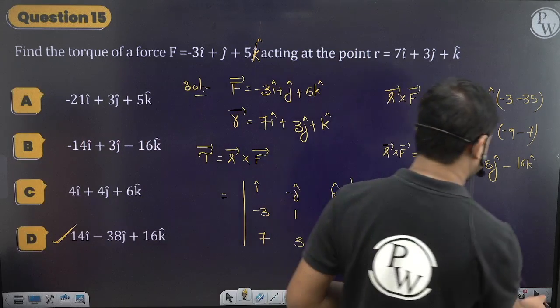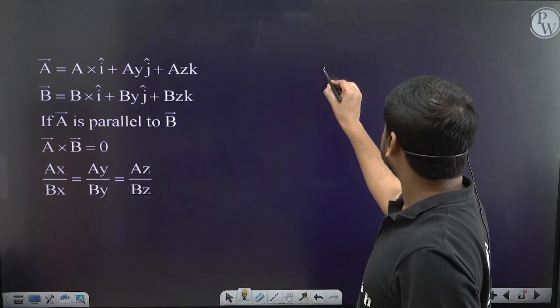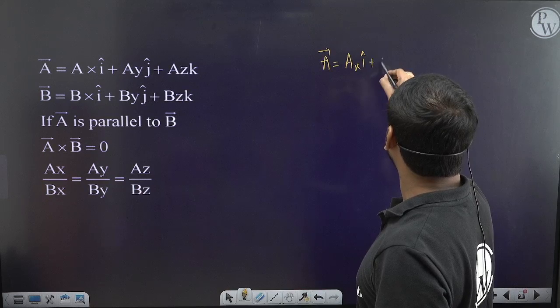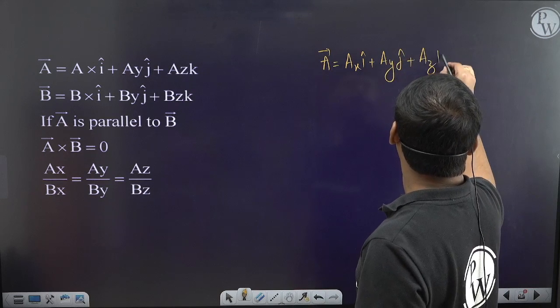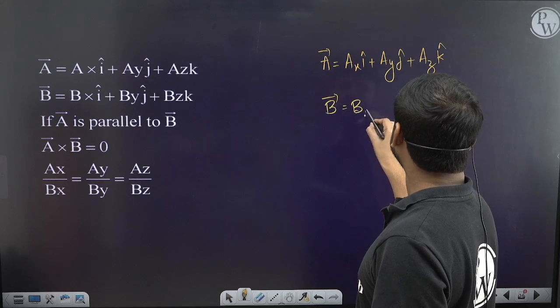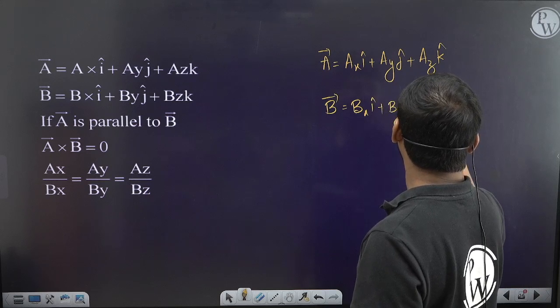Okay. So if two vectors are parallel, let's suppose there is a vector A which is given as AX i cap plus AY j cap plus AZ k cap. Then there is a vector B which is BX i cap plus BY j cap plus BZ k cap.